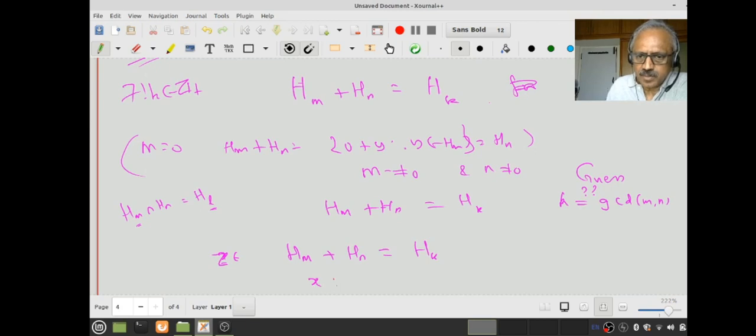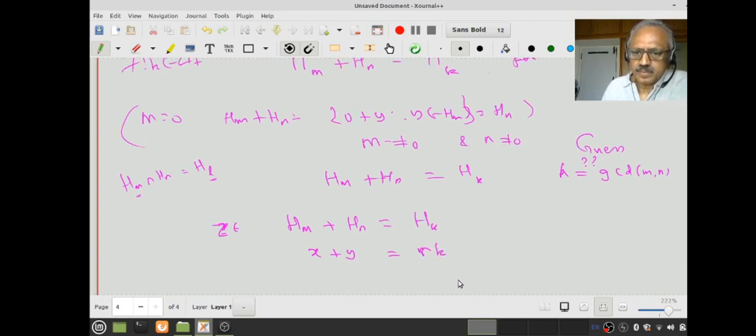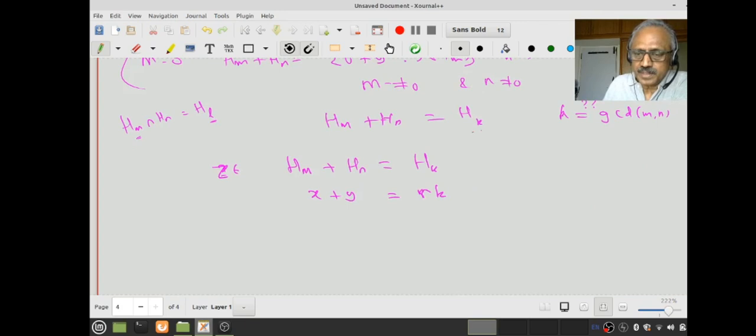Then Z is of the form X plus Y. That is going to be some multiple of K, say R times K. We still have to find K. Please understand, I do not know K. It's my guess. I don't want to verify it. I just want to derive the result. I can take this and then verify, but that's not our way of doing things. Take X plus Y. This is an RK. Right. Now what can you conclude?